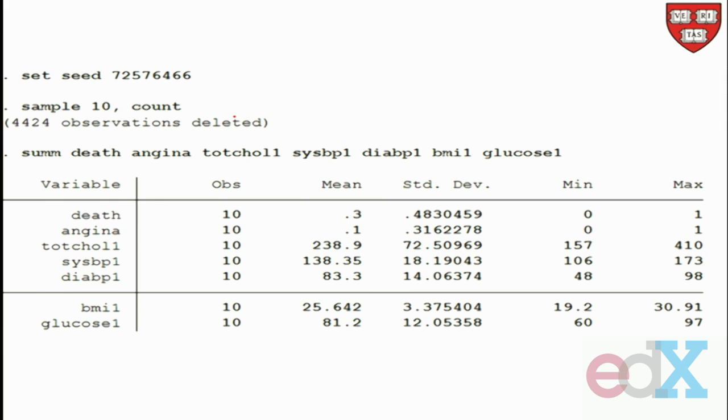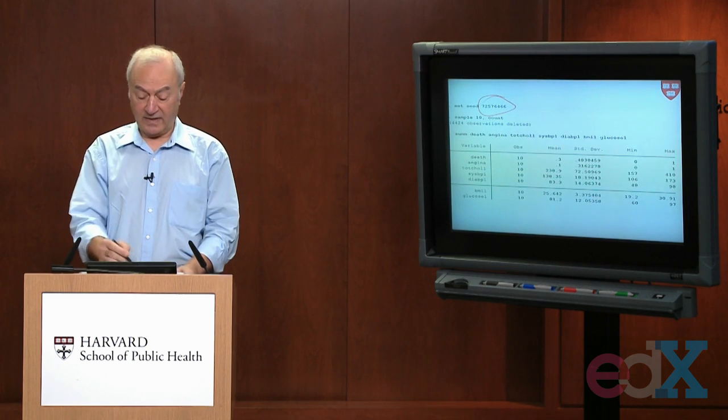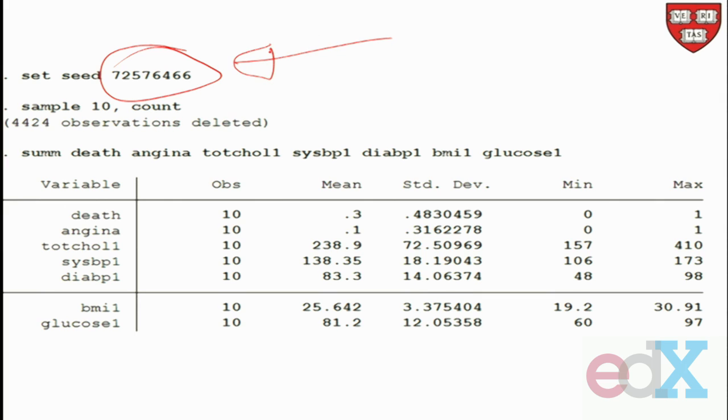What I did is I set the seed the same as before. Now this time I asked for a sample of size 10. And because I did this, we shouldn't do this, but I did this on purpose so that these 10 are actually the first 10 that went into making up the 49 in the previous sample.